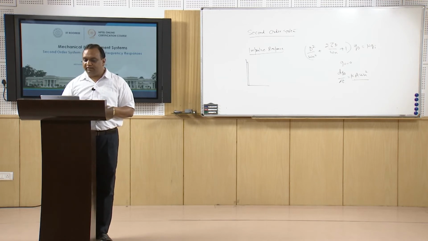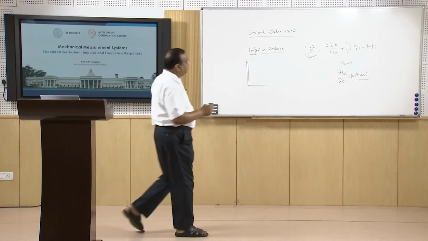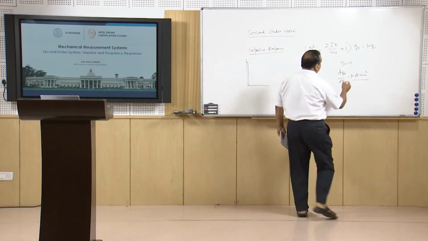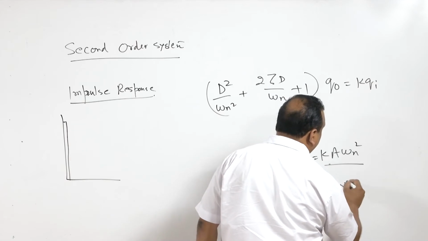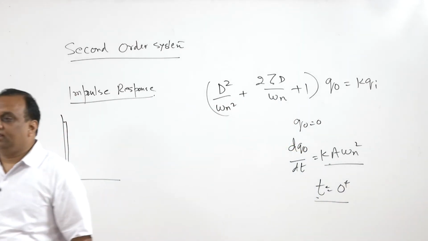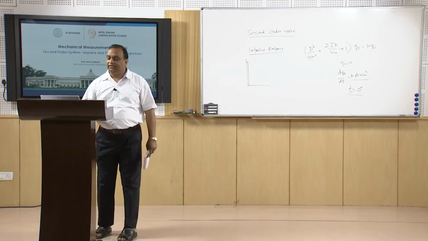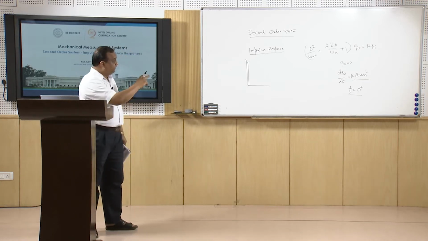So the area is representing the energy input that is coming into the picture, and this is at t is equal to just after t is equal to 0 plus.